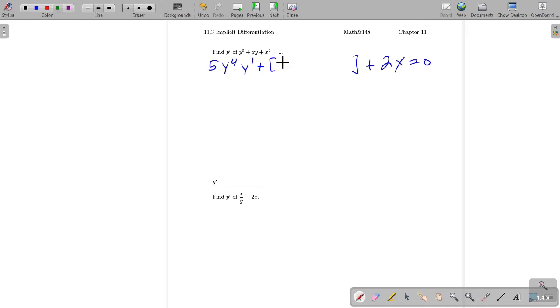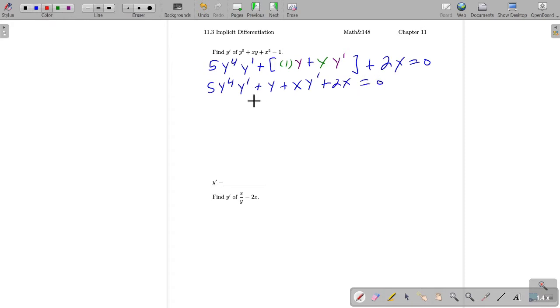The derivative of x is 1, times y, plus x times the derivative of y, which is y prime. So this will be 5 y to the fourth y prime plus y plus x y prime plus 2x equals 0.